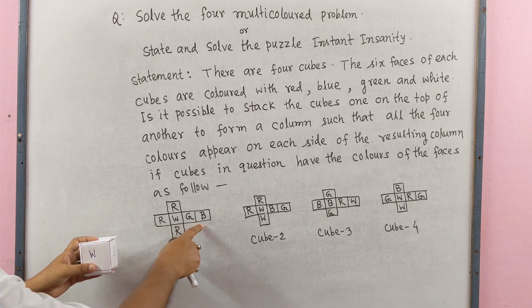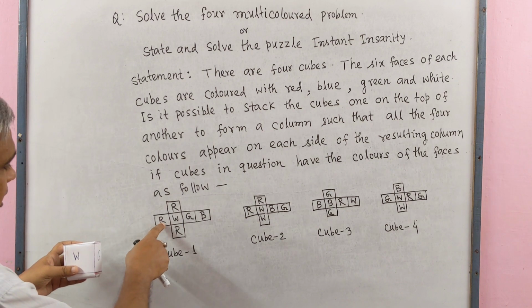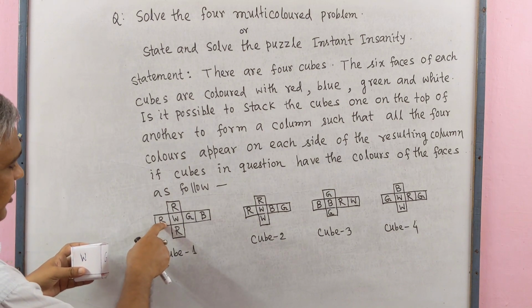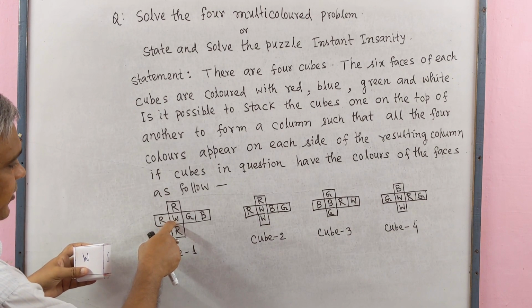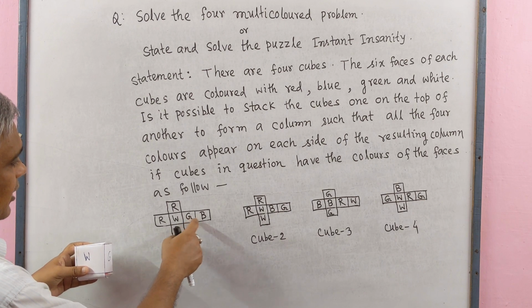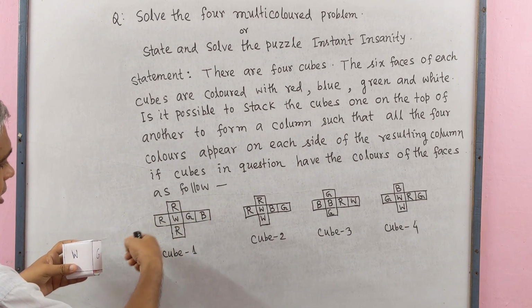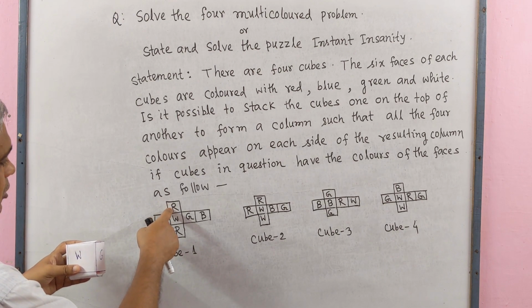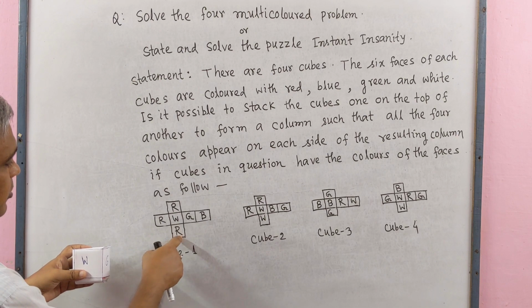So the meaning of this is: this R is the color of the left face, this is the color of the front face, this is the color of the right face, this is the color of the back face, this red is the color of the top face, and this is the color of the bottom face.